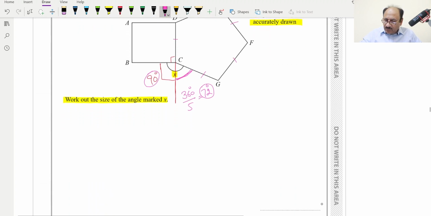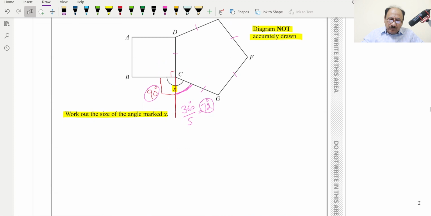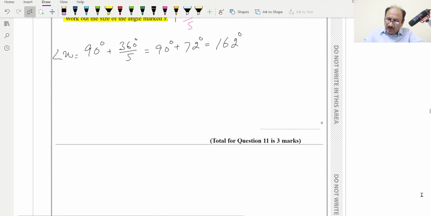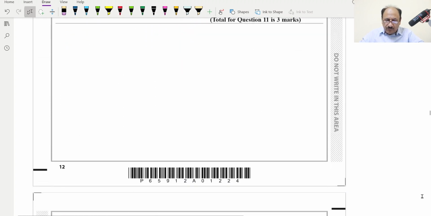This is a 3-mark question, so we'll provide working as well. So this will be 90 degrees plus 360 degrees divided by 5, which is equal to 90 degrees plus 72 degrees, and this will be equal to 162 degrees, and this side will be angle X, so we can write X. So 162 degrees will be our proper answer over here.